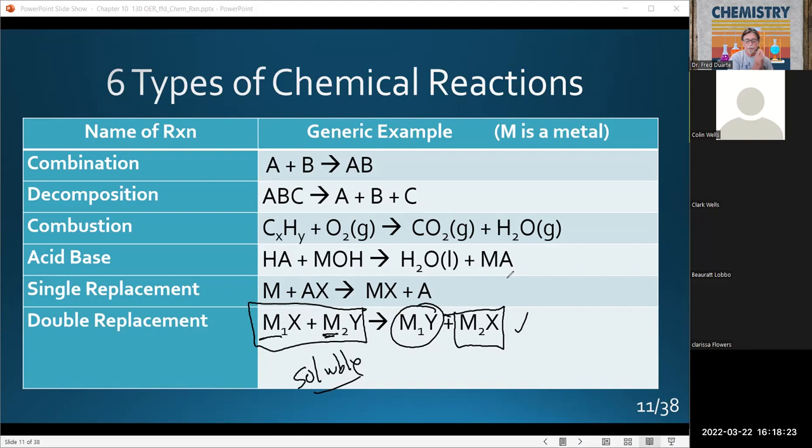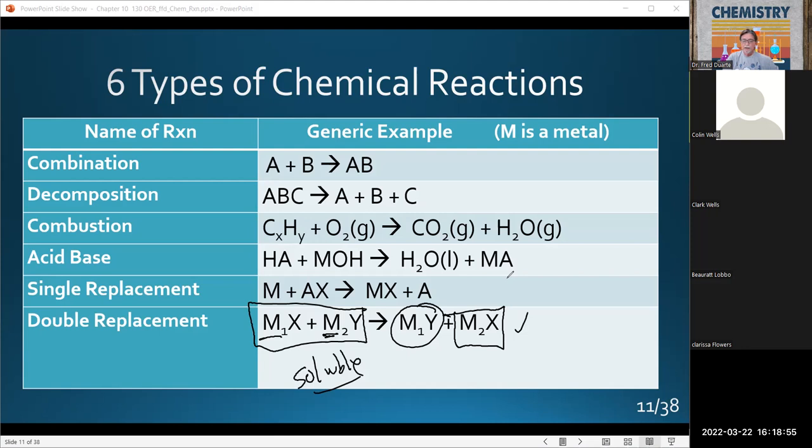So those are the six reaction types that we're going to work with, and we're going to do some specific examples and talk about how to balance some of these. For the double replacement reaction, you follow the polyatomic ions. The single replacement, combination, and decomposition are mostly trial and error.